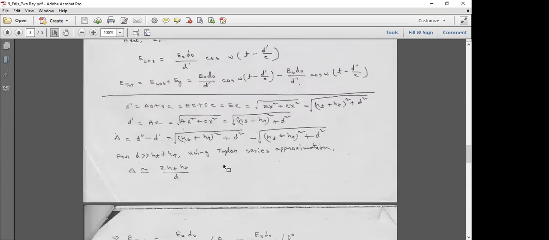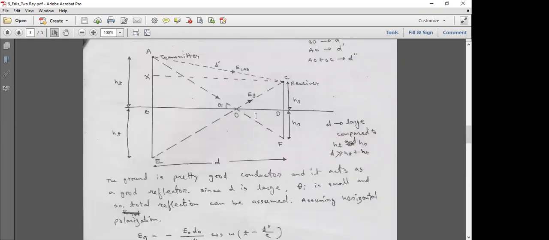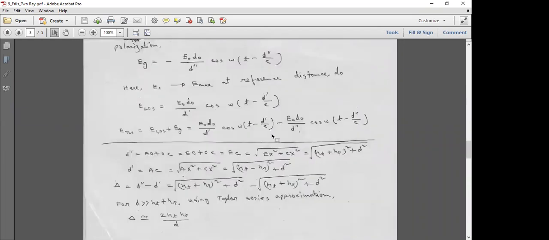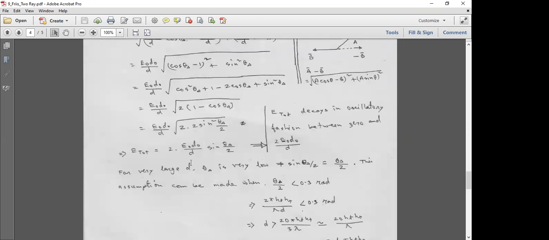As I keep changing D, the distance between the transmitter and the receiver, the electric field that we receive at the receiving point will have an oscillatory decay. It is reducing, but there is a small sinusoidal variation because of the sinusoidal term.